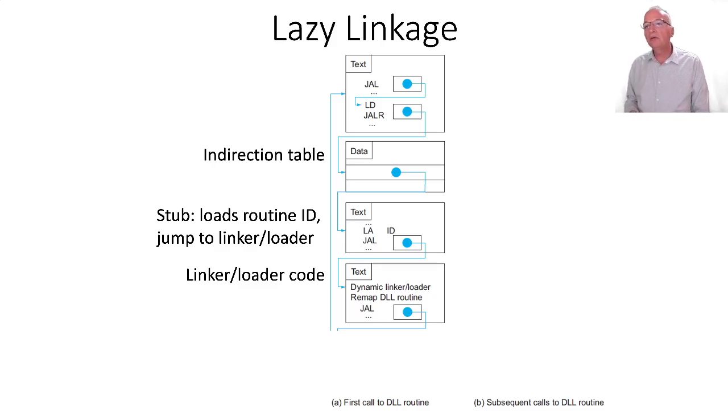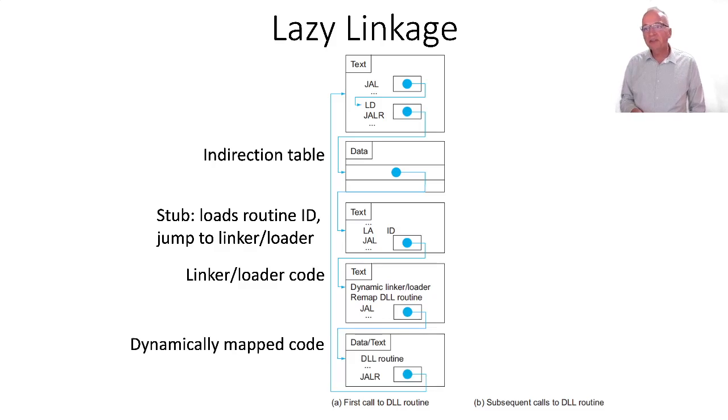The linker and loader will do the remapping of the dynamic linked library routine into the proper address. So you see that I have quite a bit of work to do the first time that I make this call, and then I get to the dynamic linked code.